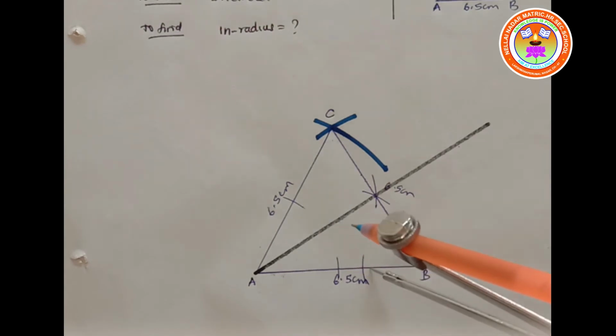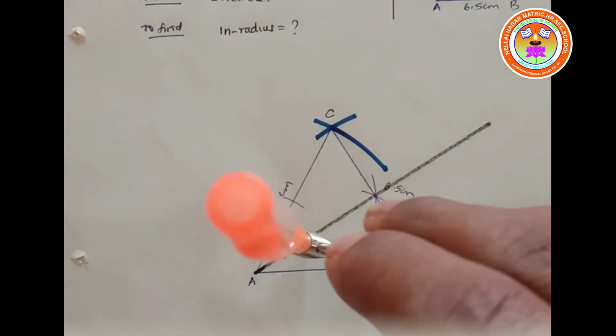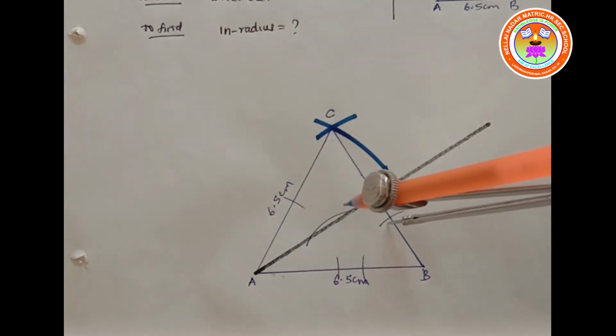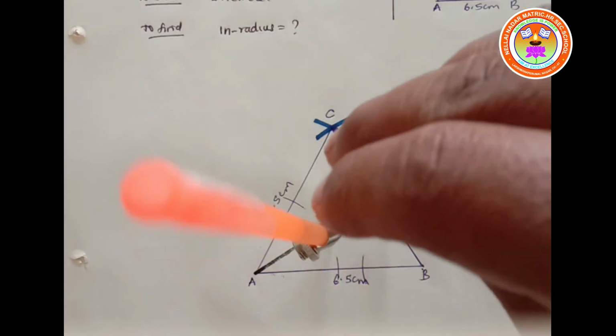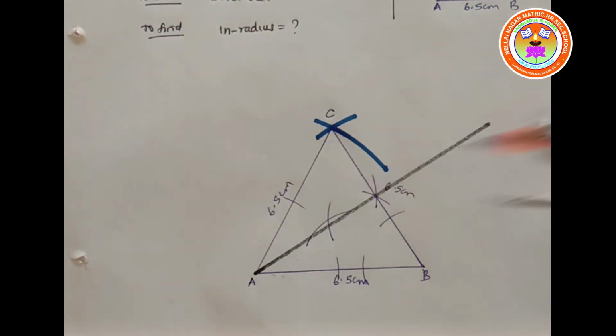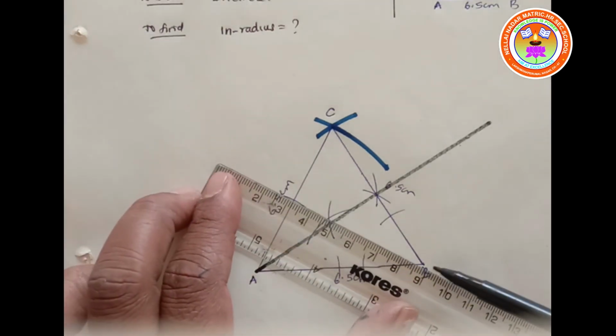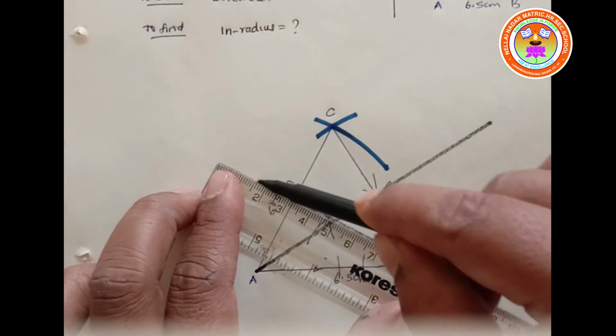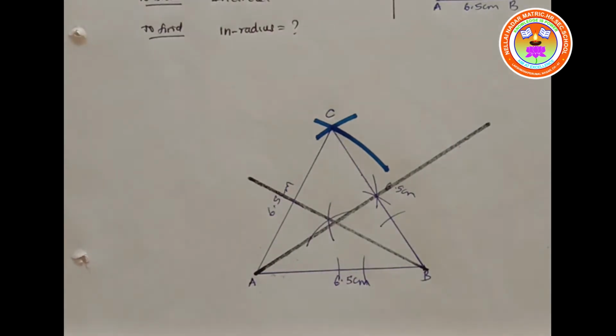With the same radius from the point here. See children, listen carefully. With the help of a scale, draw the angle bisector. Both the lines intersect at point I.